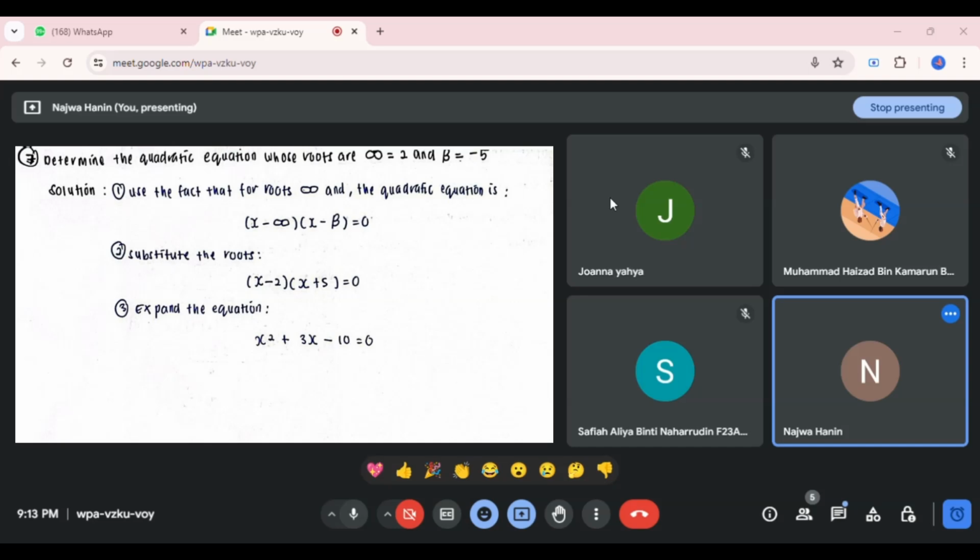You guys can see here. And number 2, substitute the roots and we get this. The next step is expand the equation. We get this.